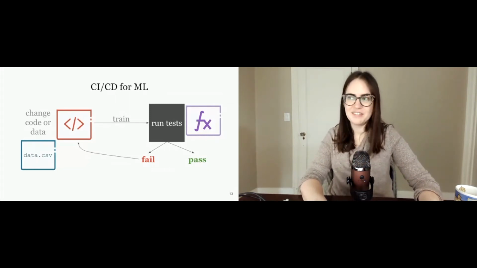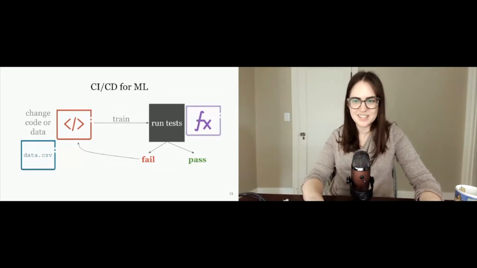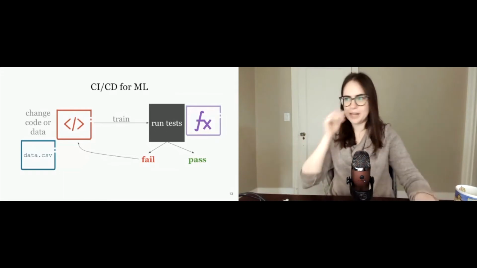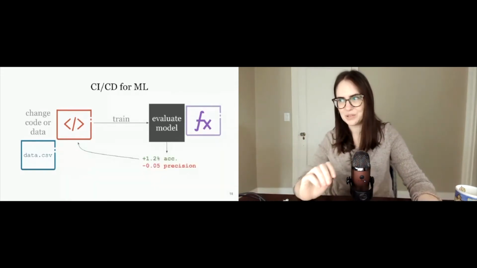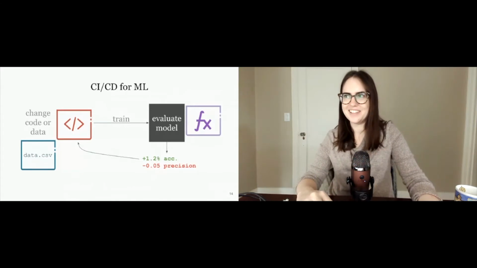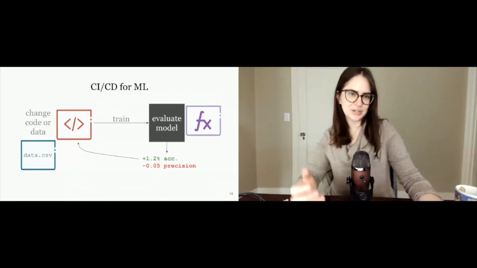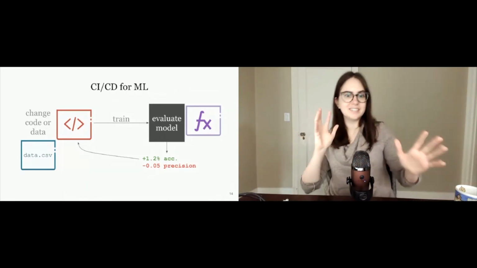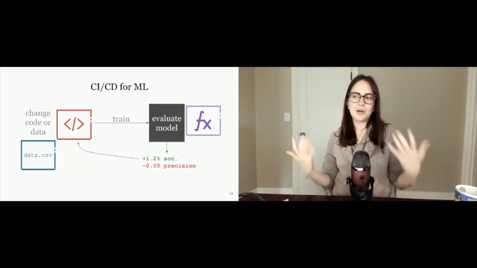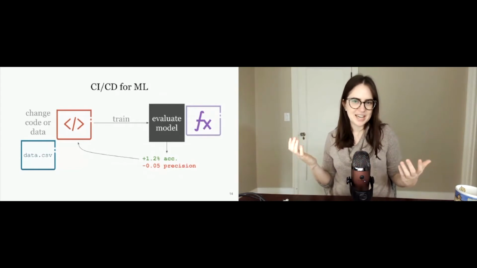Another issue is evaluating a model is not quite the same as running these pass-fail tests. So what does it mean for a model to pass, right? We can create some kind of thresholds, okay, just don't be worse on accuracy. But model performance is nonlinear, and it has to be understood in different segments of your data. It's very possible for your overall model accuracy to go up, but something like precision to get worse.